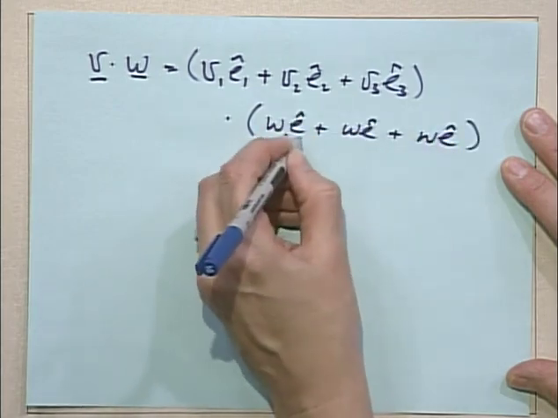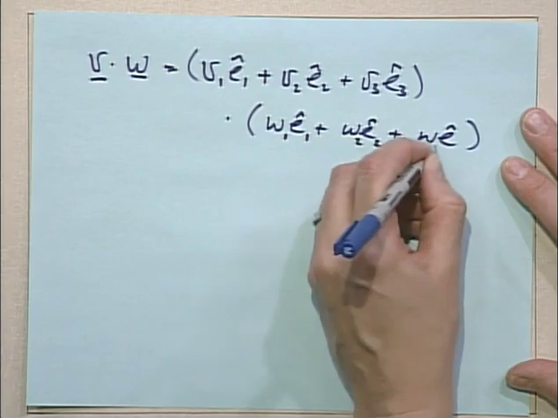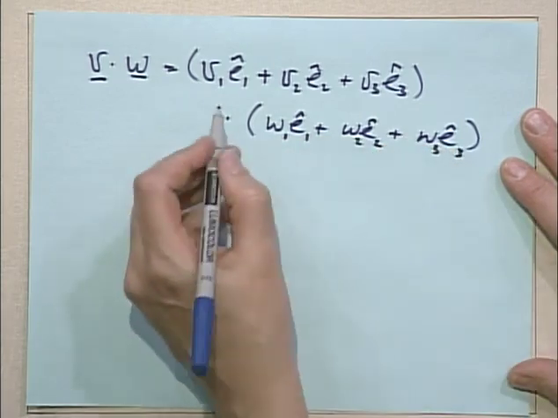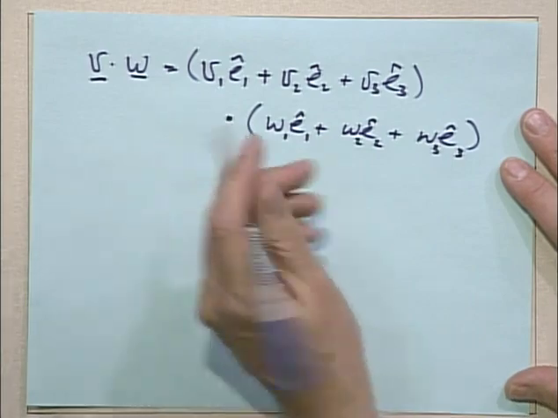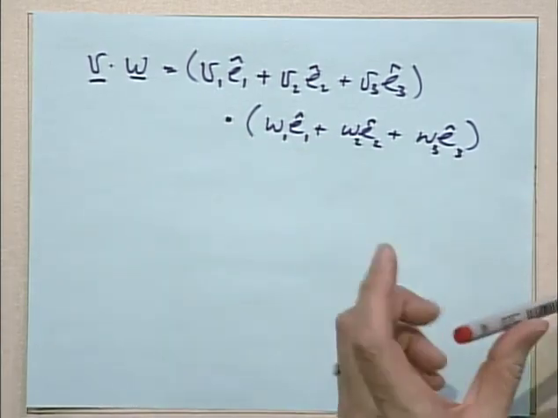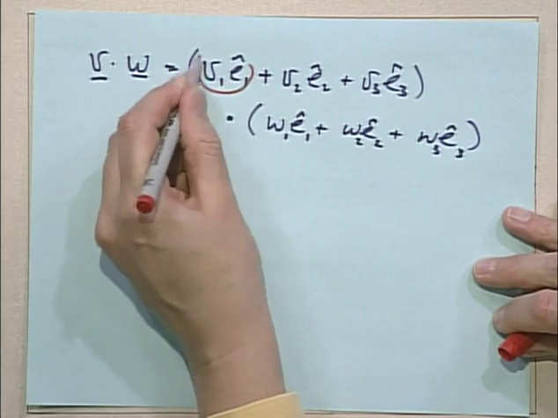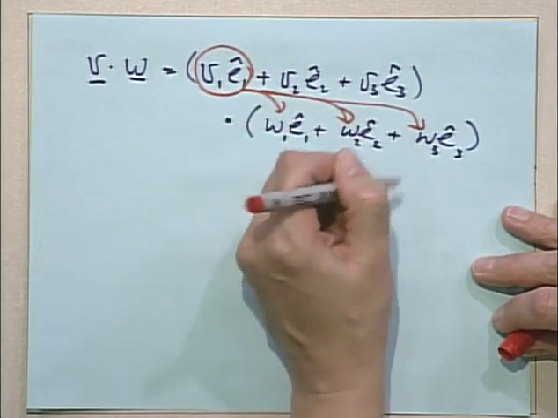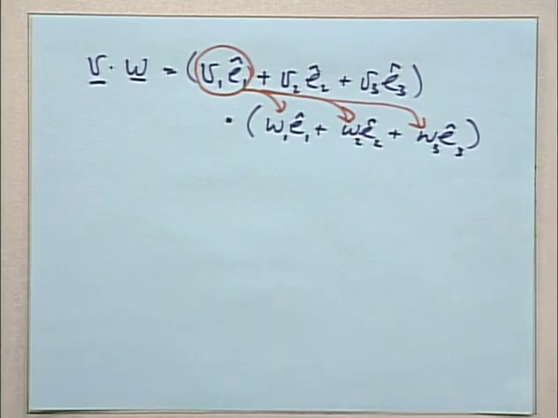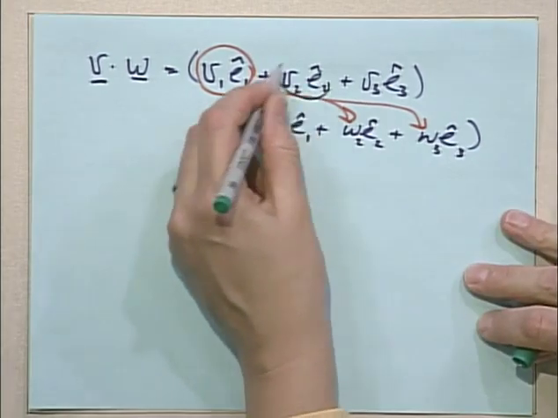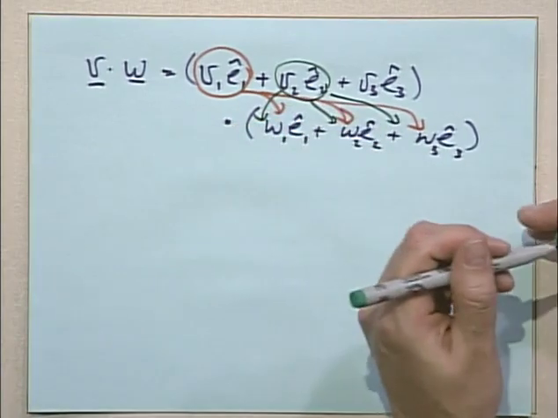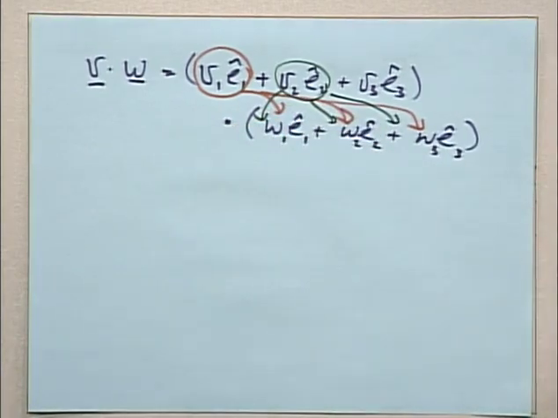So this is v1 e1, v2 e2, v3 e3. And the rule for multiplying these out is, again, the distributive law. So in this case, this quantity multiplies each of the 3. This quantity multiplies each of the 3. And likewise for the e3 quantity.